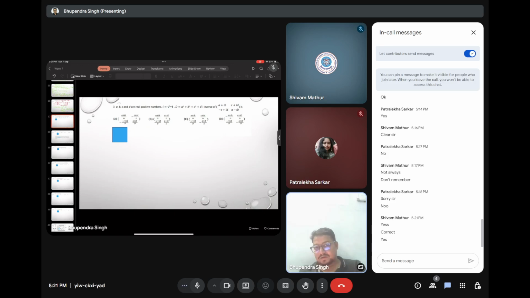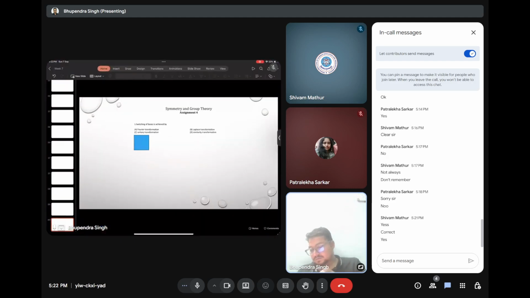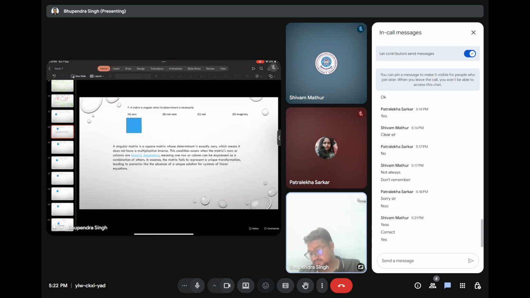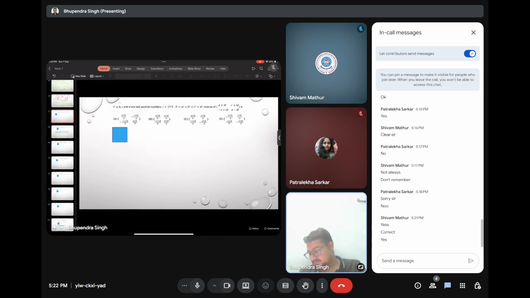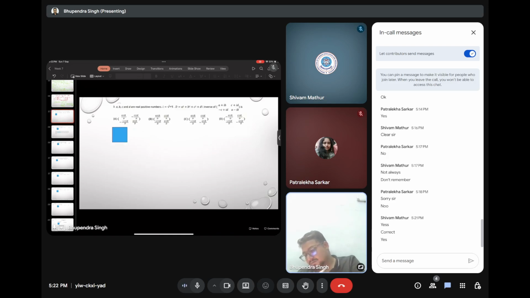A, B, C are real positive numbers. I equals root over minus 1, and D is the determinant.